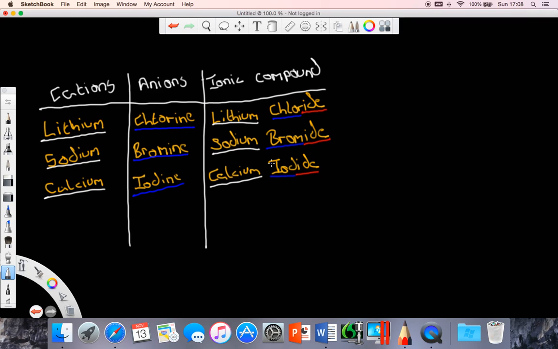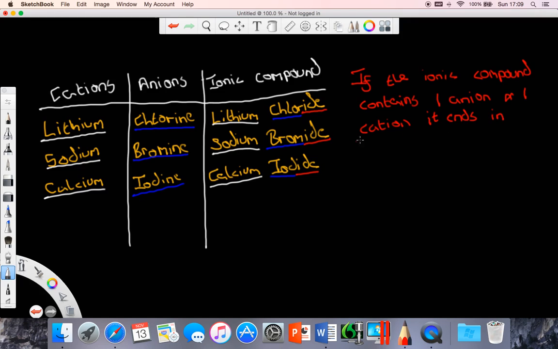If the ionic compound contains one anion and one cation, it ends in "-ide".